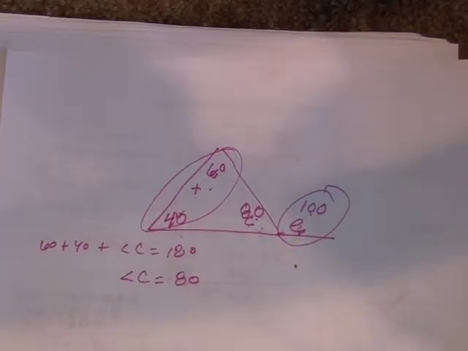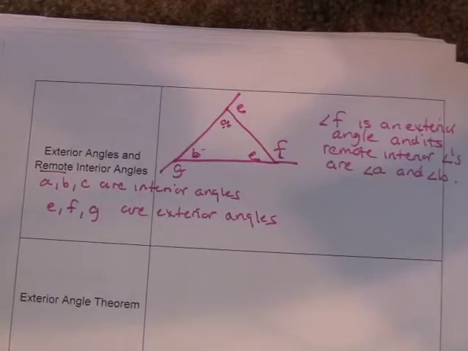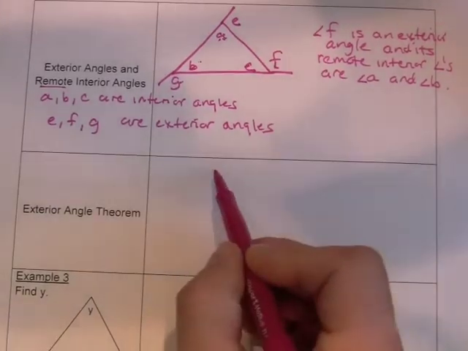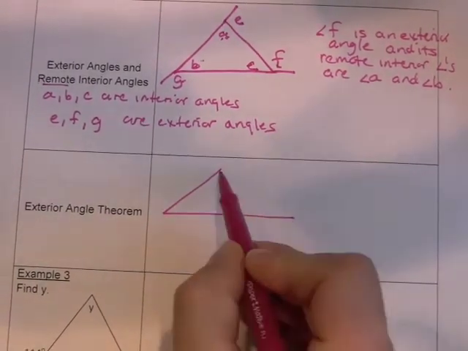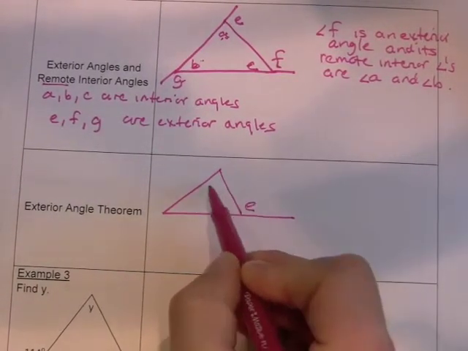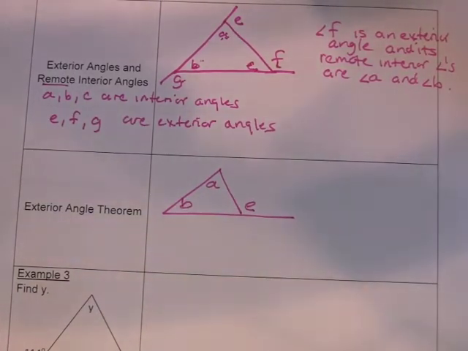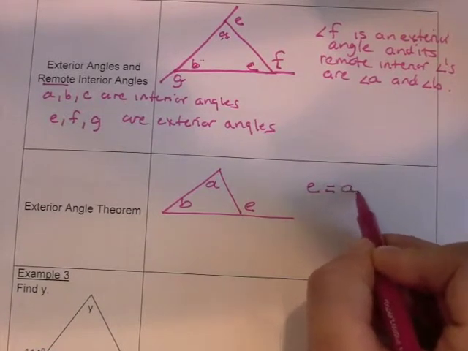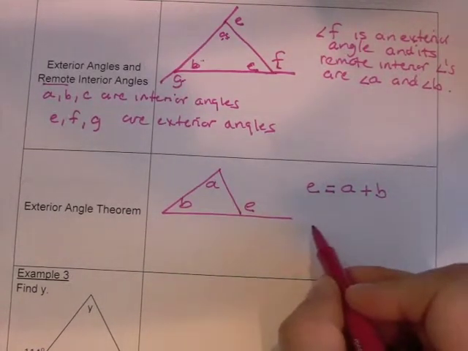Okay, so let's go back to our notes here. The exterior angle theorem states that the exterior angle in a triangle is equal to the sum of the two remote interior angles.